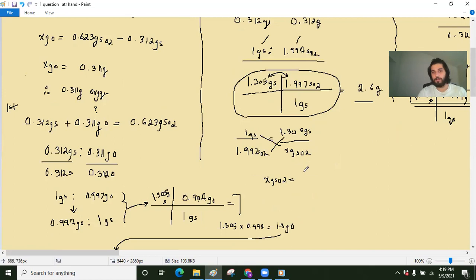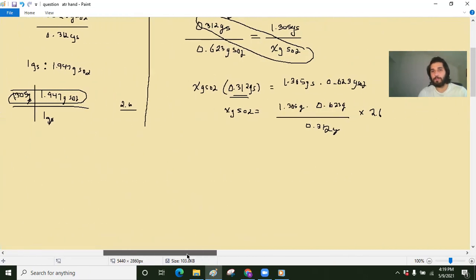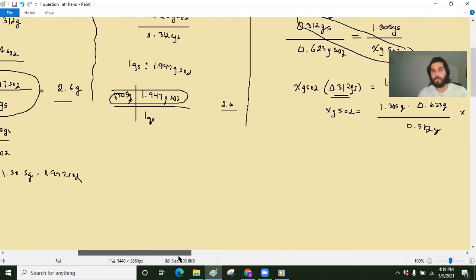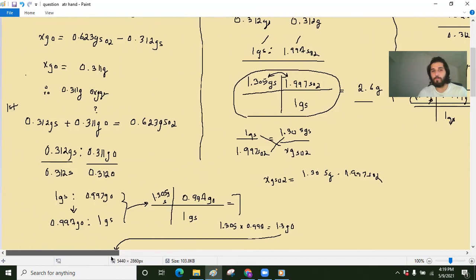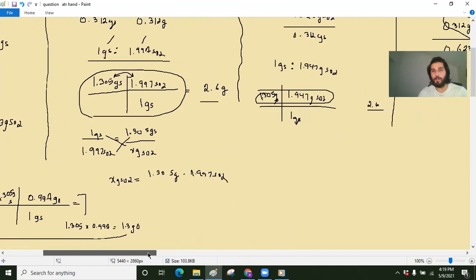You would just cross multiply: 1.305 grams of sulfur multiplied by 1.997 of sulfur dioxide, which I think we did that multiplication somewhere. That would definitely come out to being 2.6.